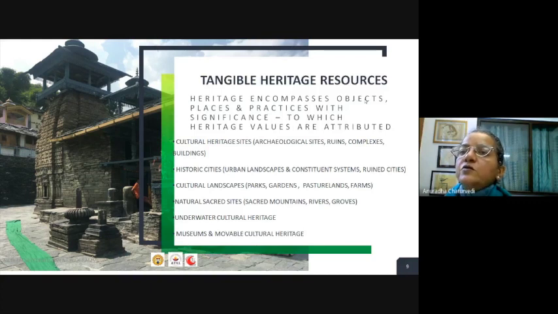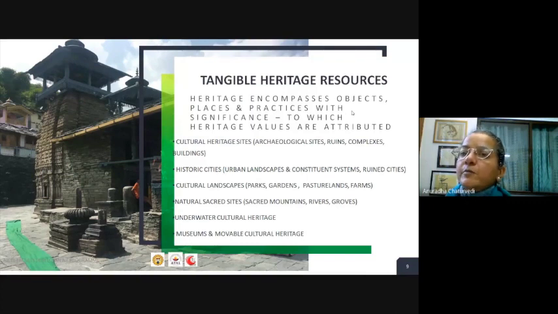They can include historic urban landscapes. They can include all the historic systems which comprise the historic cities, such as the water management systems or the open space systems, which were there traditionally in historic cities, and which also can include ruins of cities.